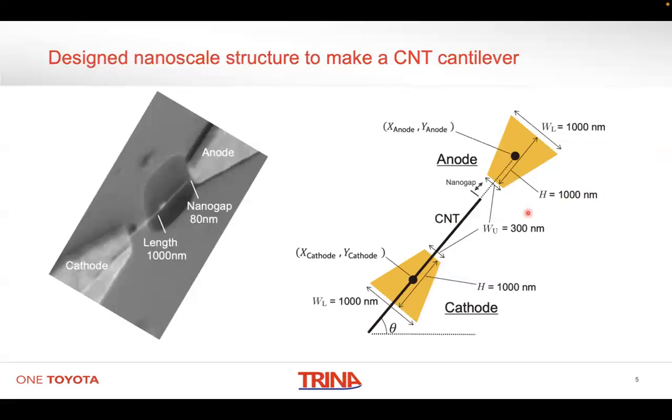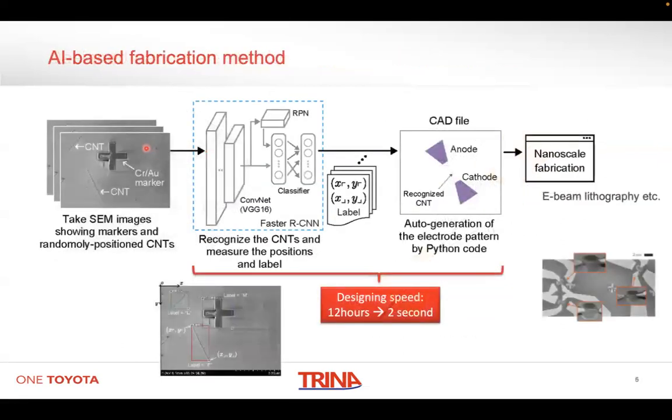According to this design, we developed the AI-based fabrication method like this one. At first, after placing the carbon nanotubes in a random manner, we take SEM images showing the marker and the randomly positioned carbon nanotubes.